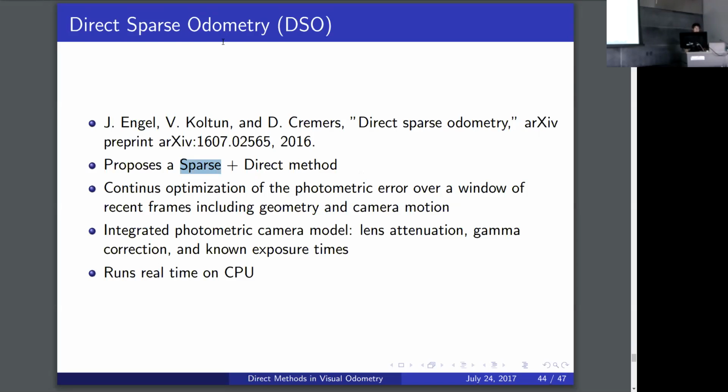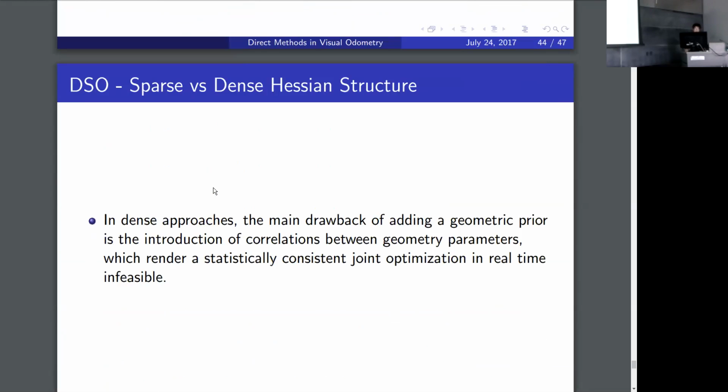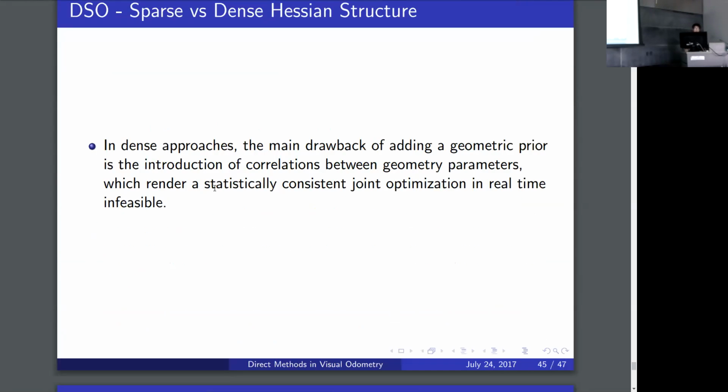DSO, direct sparse odometry, basically tries to introduce sparseness to the direct method. In terms of what that means, in the optimization stage, it drops a geometric prior.